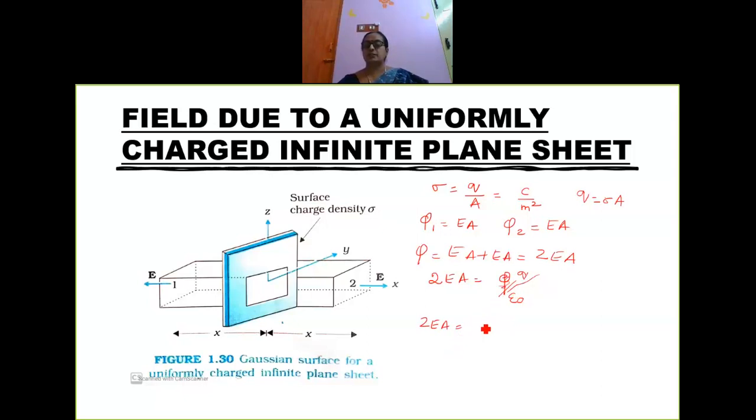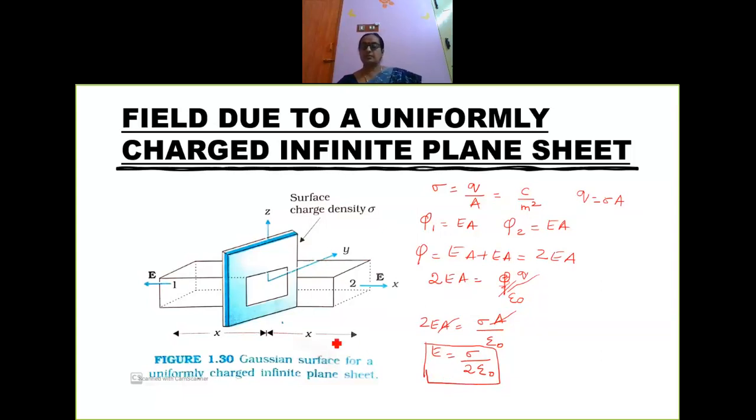So instead of Q, you substitute sigma into A by epsilon naught. So here A and A get cancelled. So I have the value of electric field to be sigma by 2 epsilon naught. So this is the electric field due to an infinitely uniformly charged plane sheet.